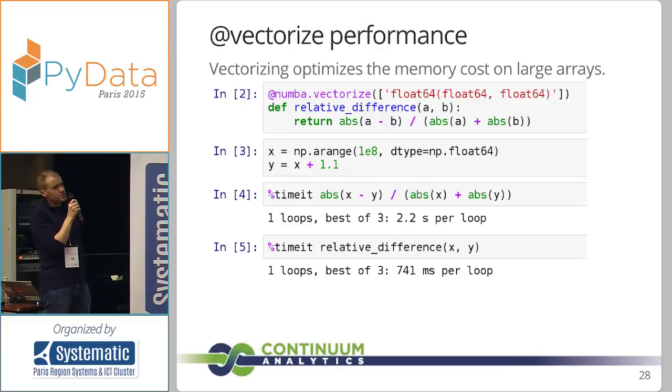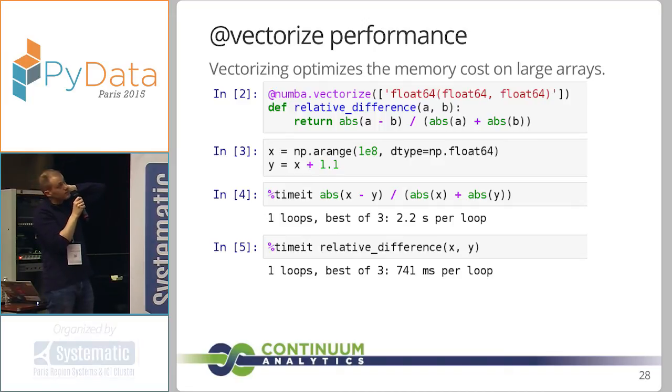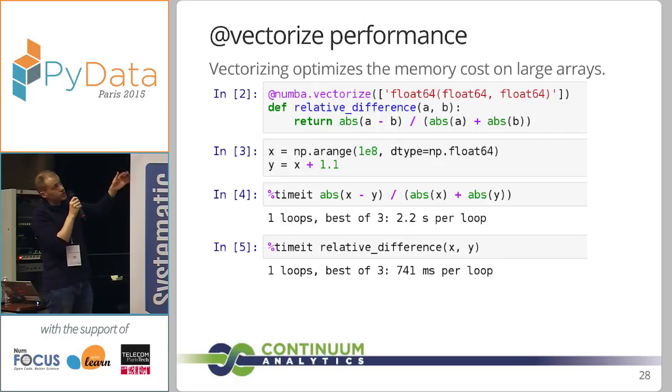So the memory accesses are not optimized at all. By contrast, if you call the vectorized relative difference function, then it will run the whole expression on each element. So it's much nicer to the CPU caches. So yeah, as I said, vectorizing optimizes the memory cost on large arrays.